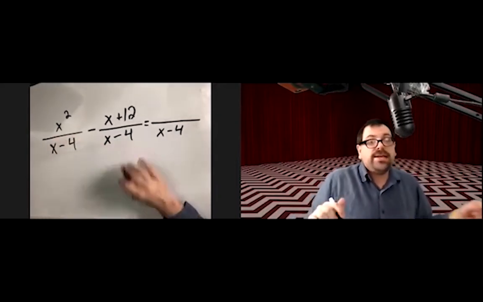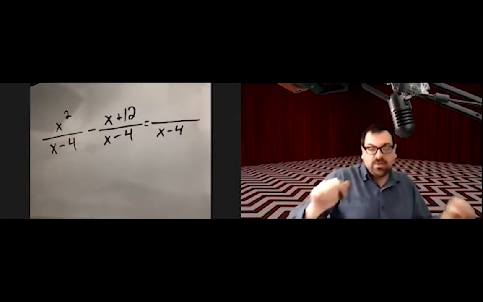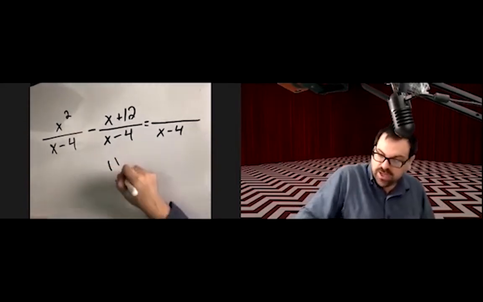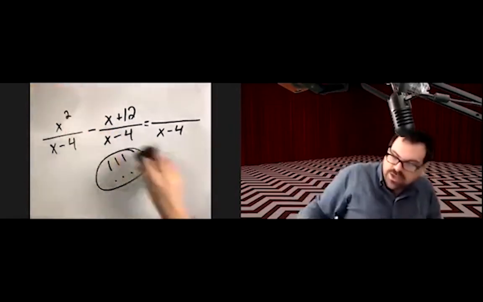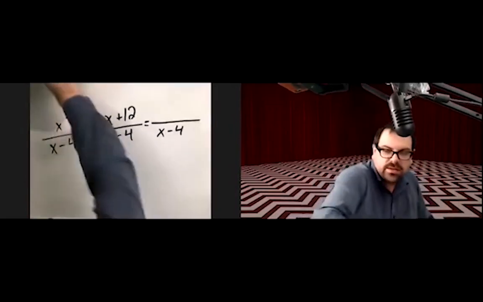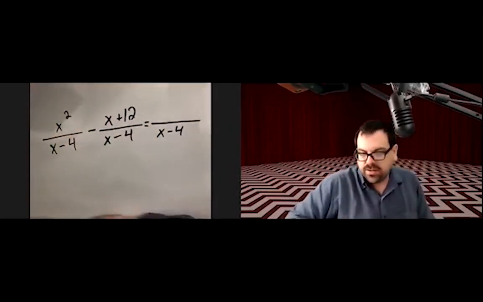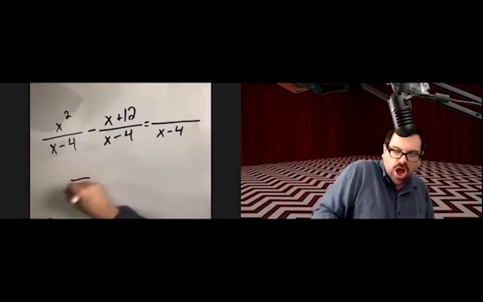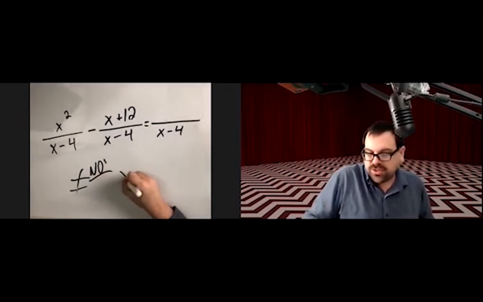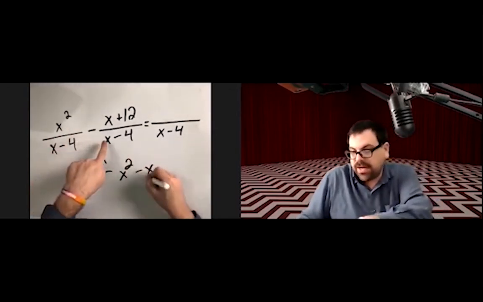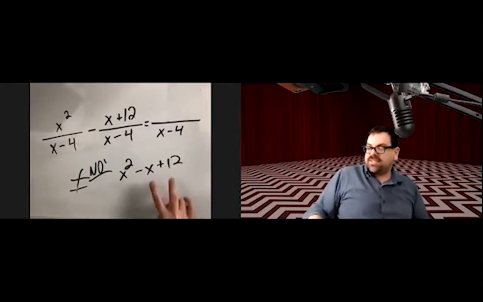On top, we need to be very, very careful, because we are subtracting an expression. Do not just do x squared minus x plus 12 like this, because this is not right.